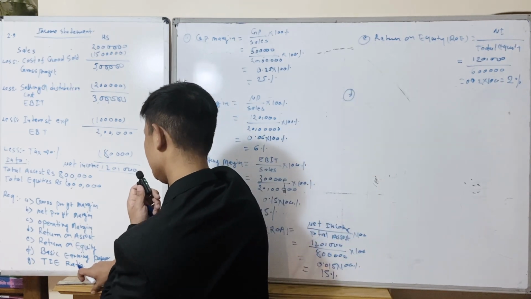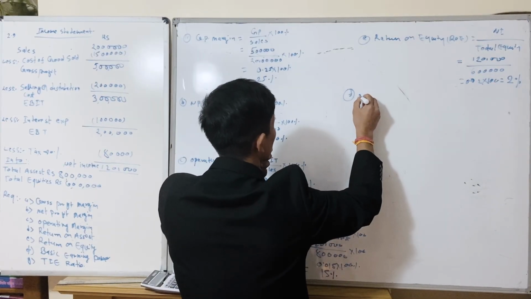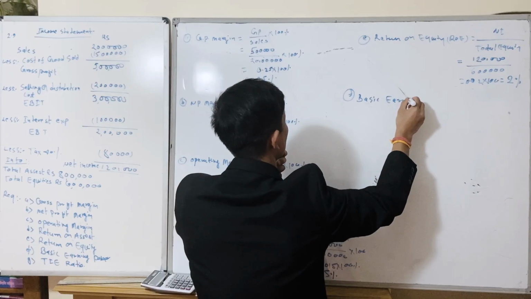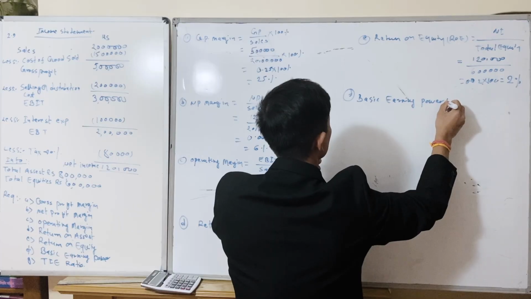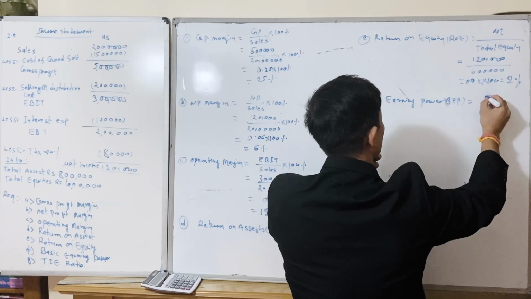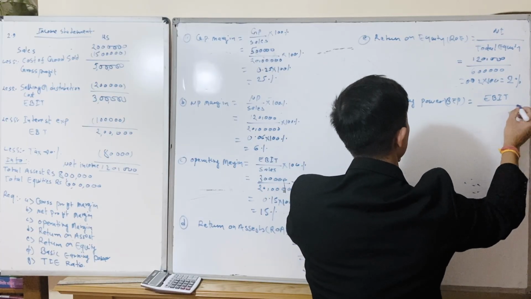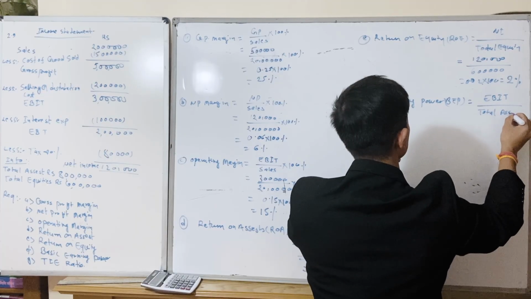In F, we are asked to calculate basic earning power. Basic earning power, BEP, is calculated by earnings before interest and tax divided by total assets.